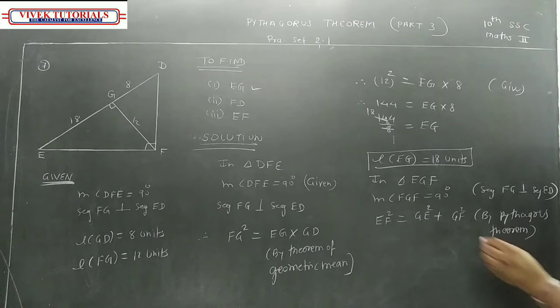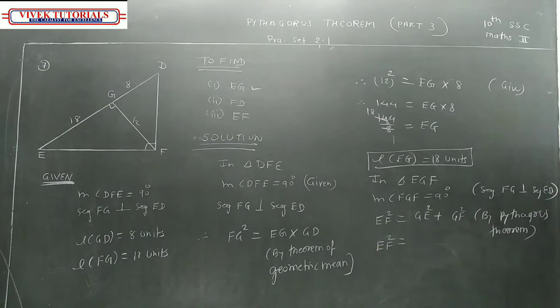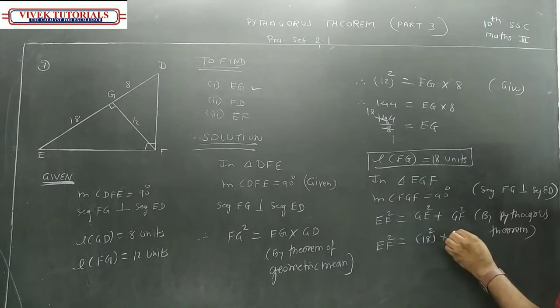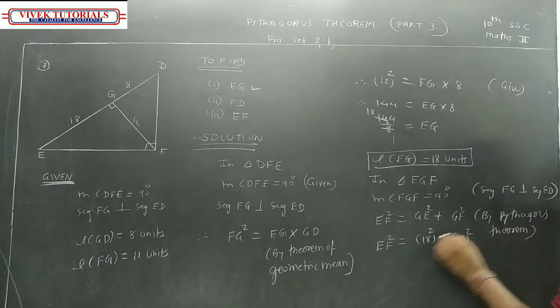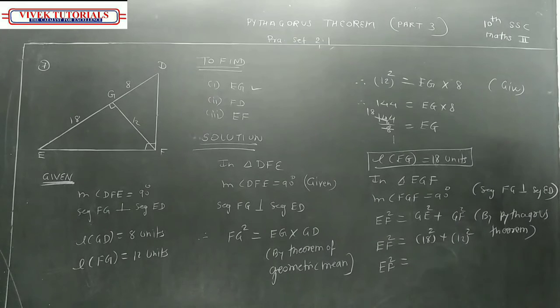Okay, so EF square is equal to GE, which is 18 square, and GF, which is 12 square. So EF square is equal to 18 square, which is 324, is it right?